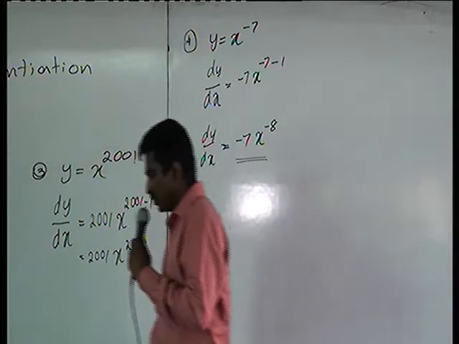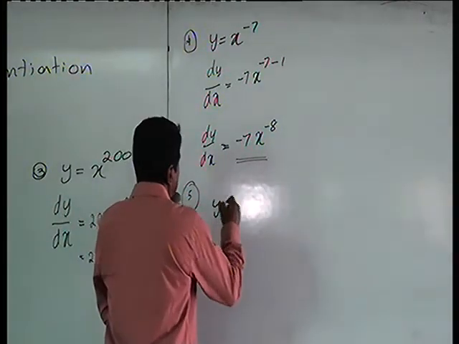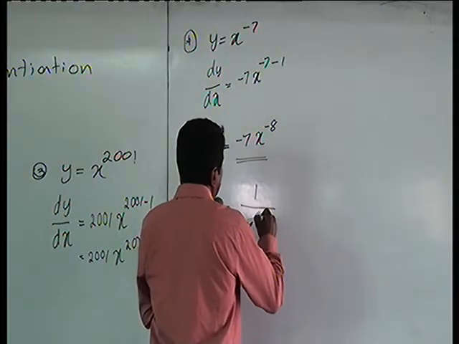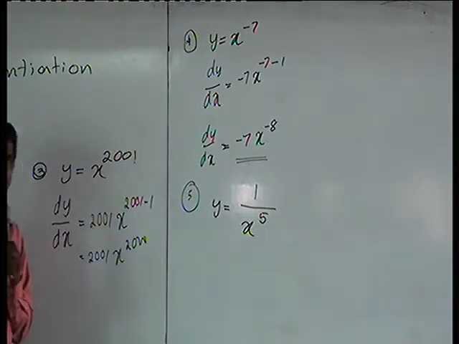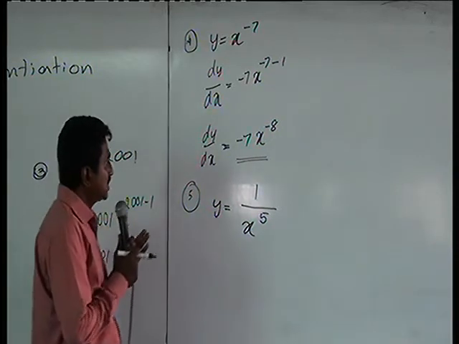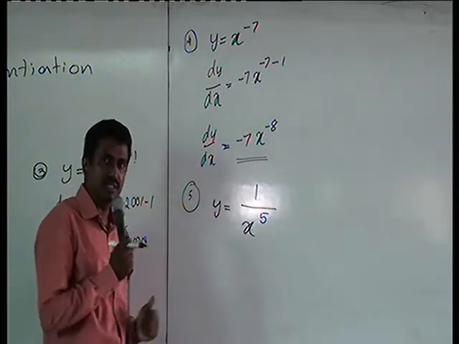Now we'll move to question number 5, another one. y equals 1 divided by x to the power 5. These questions I have put in the denominator.